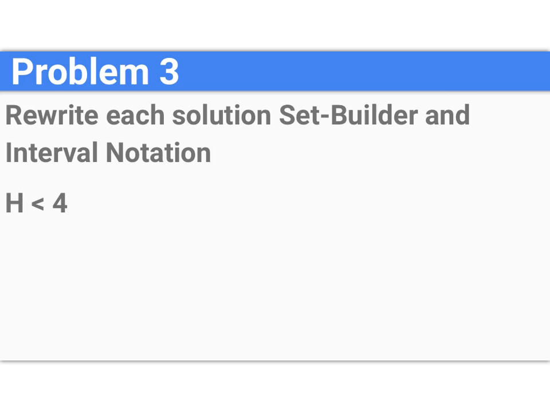Write each solution in set builder and interval notation. Set builder has the little goofy braces. So all numbers H, where H is less than 4. That's set builder. And so we know that H is less than 4. So we have a parenthesis because we're not including 4.